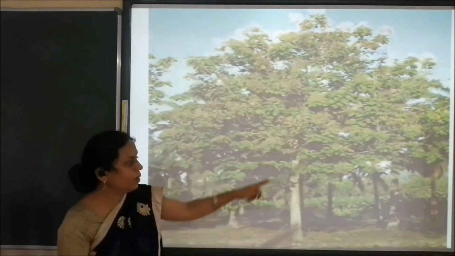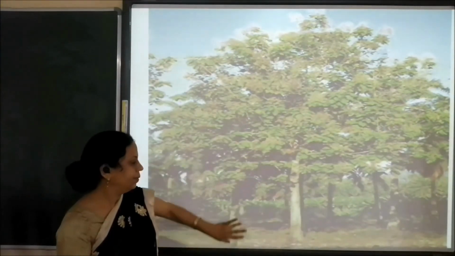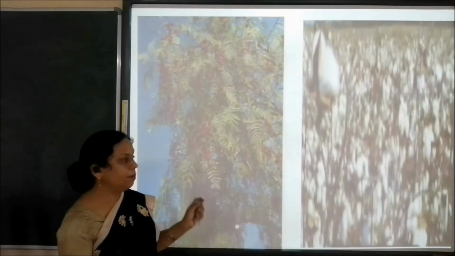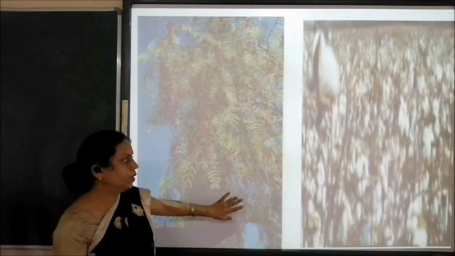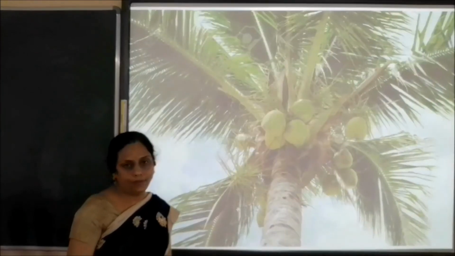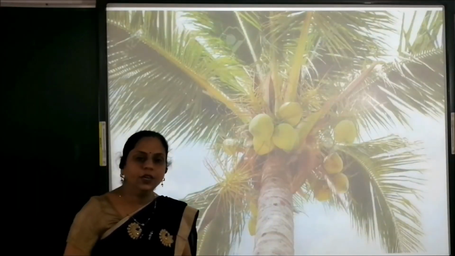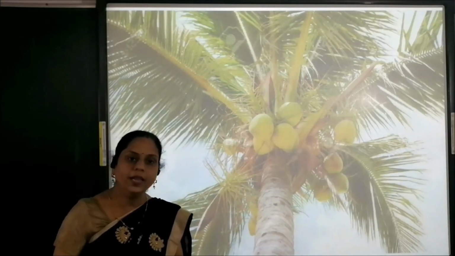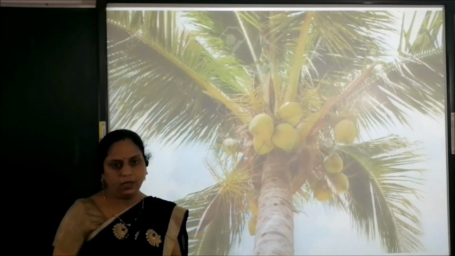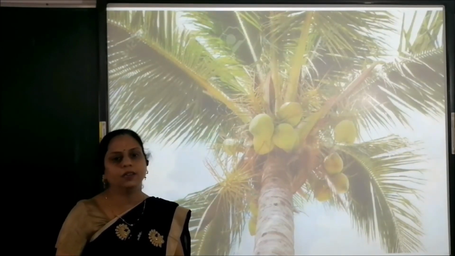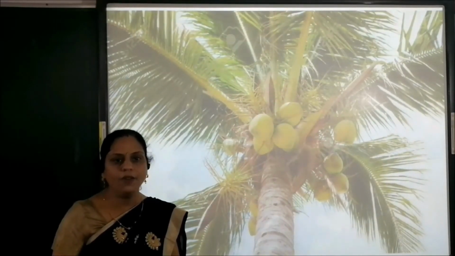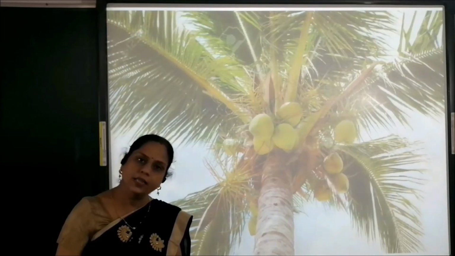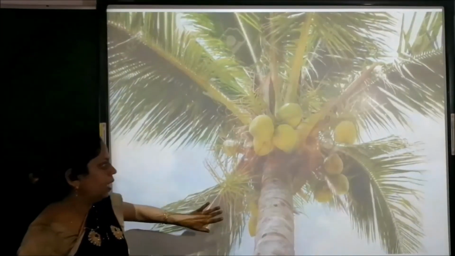See, so many leaves are there. The smaller plants like pepper, cotton also grow in the area of heavy rainfall. But children, coconut trees grow best in coastal areas. Plants that grow near the sea coasts are able to survive in the area of heavy rainfall and salty water.